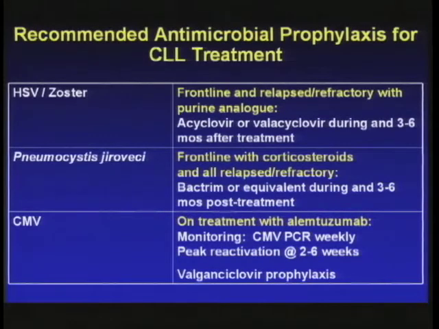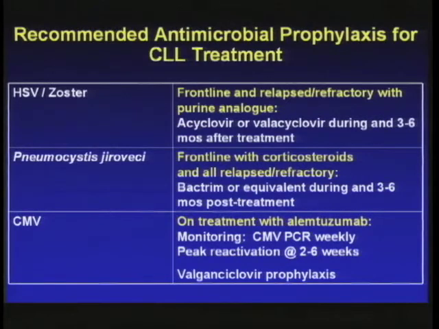Those can be reactivated in patients getting treatments that we give. So we usually will give prophylaxis for these types of viruses when patients go on treatment, and particularly in patients who have been previously treated who are getting retreated. So acyclovir or valacyclovir, or Valtrex, are two drugs that we use as prophylaxis to minimize or reduce the risk for those viruses being reactivated.